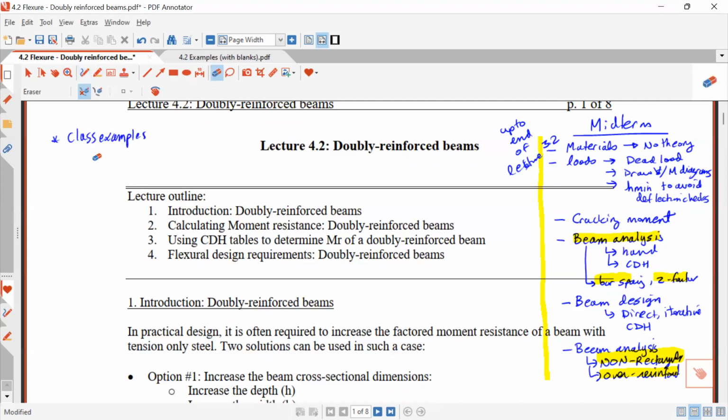Start with that. Next thing, do the tutorials. Next thing, do the assignments. If you do those three things and you fully understand them, then you will do well on the midterm. There's no surprises there. Is that good for everybody for the midterm?